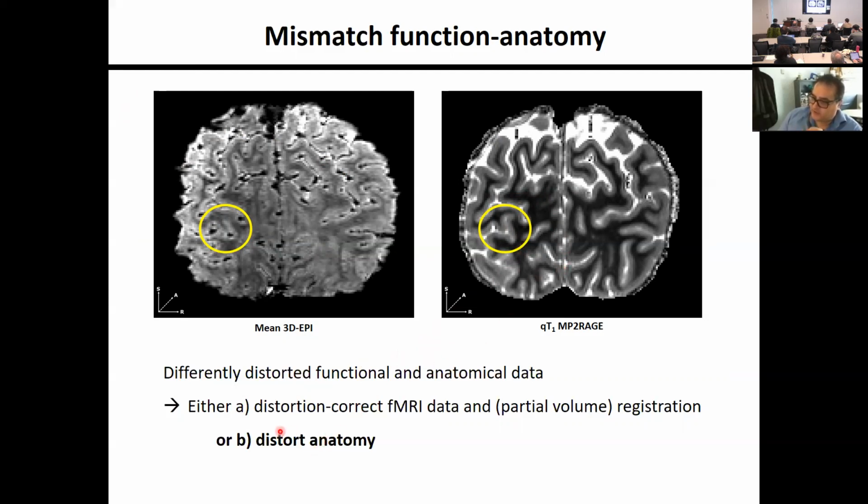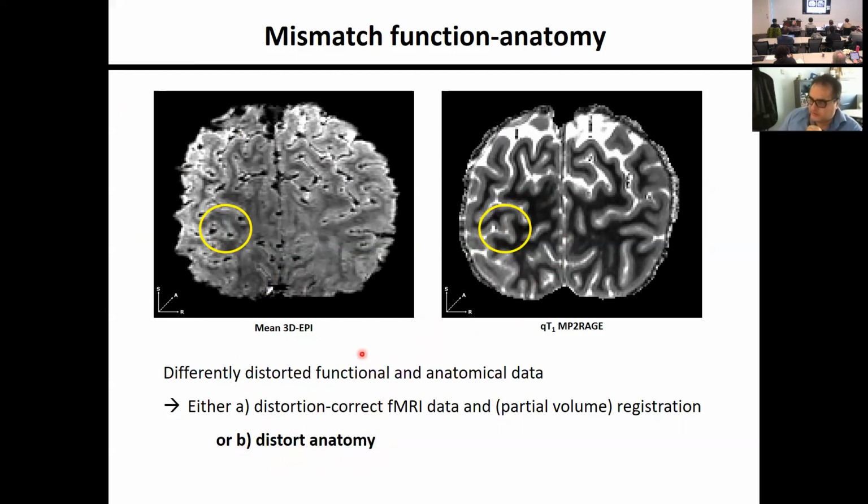The other way to go is actually to distort the anatomy, because if we are not doing things like clinical work on deep brain stimulation, we don't actually care much about spatial accuracy. What we care about is where are the lamina, which means if we distort the anatomy, we get this information.